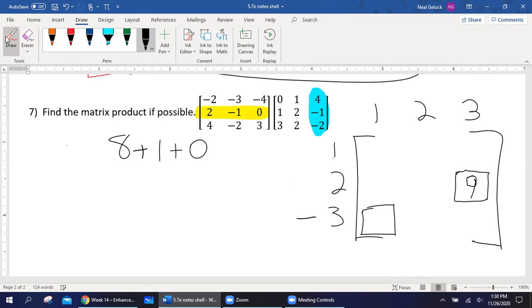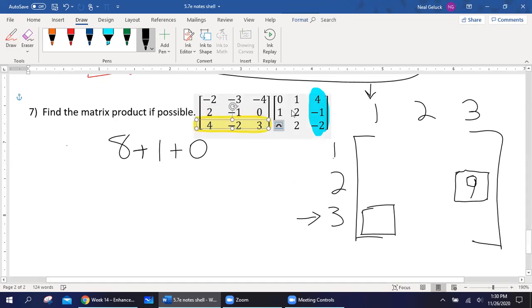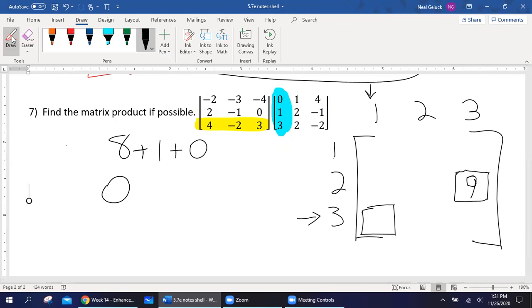I'm in row 3, column 1. So that must mean that I'm taking row 3's numbers, multiplying by column 1's numbers. So that one would be 4 times 0, negative 2 times 1, 3 times 3. Add those together. Must be 7 down there.